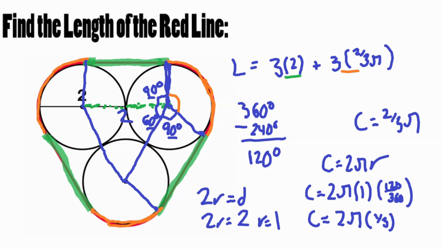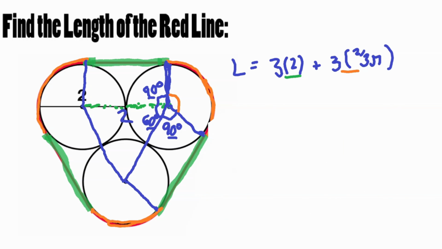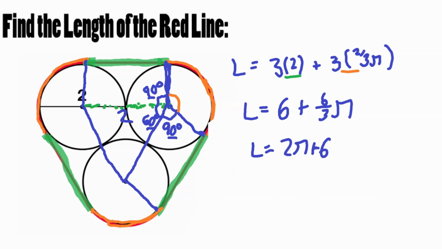Let me make some space here real quick. We can simplify this equation now. We have that L is equal to 3 times 2, which is 6, plus 3 times 2/3 pi, which is 6/3 pi, to give us our final answer, simplified, of 6 plus 2 pi, or I'll write 2 pi plus 6.